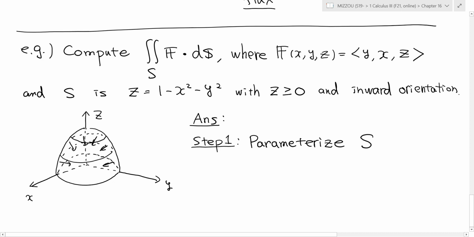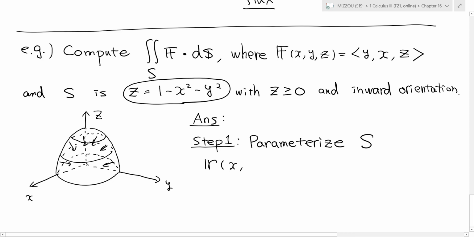Like how? Well, like this. Since our surface is given in this way, we could choose u equal to x and v equal to y. Namely, we can use x and y as parameters for the surface.